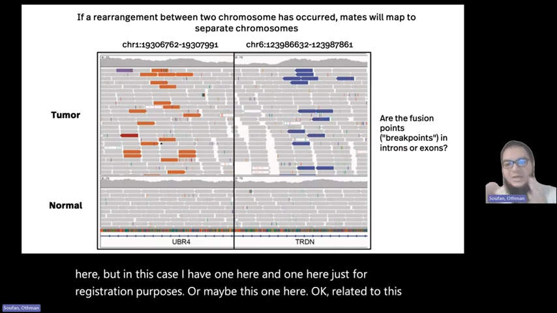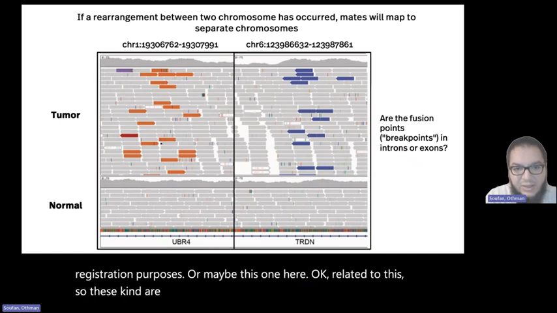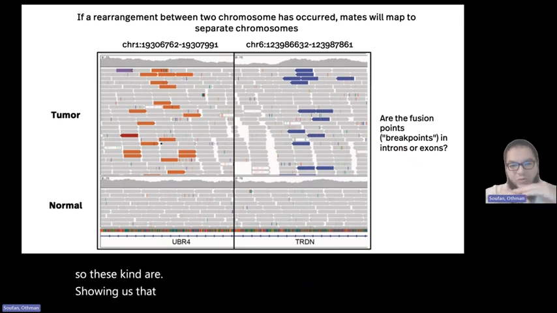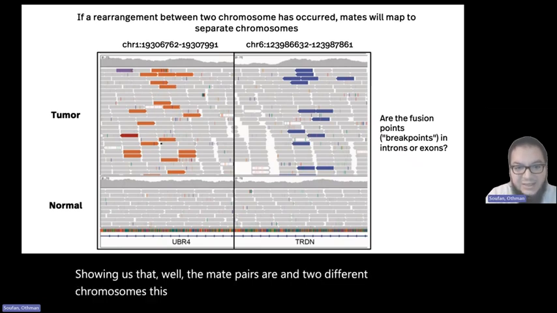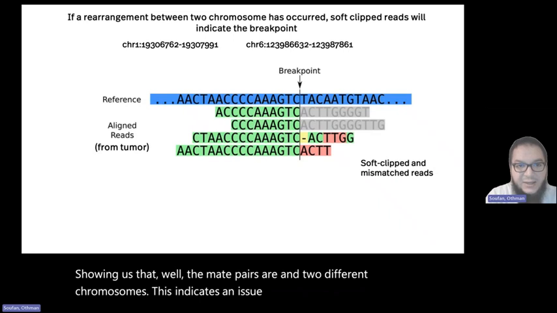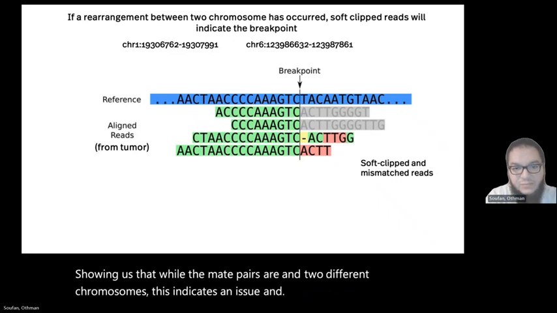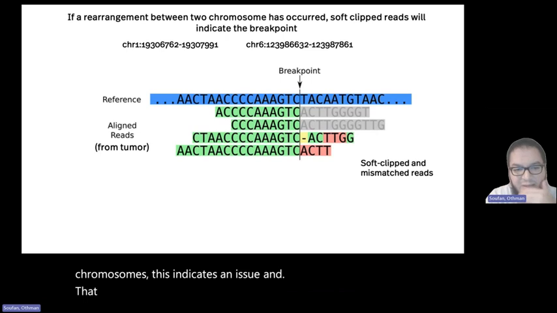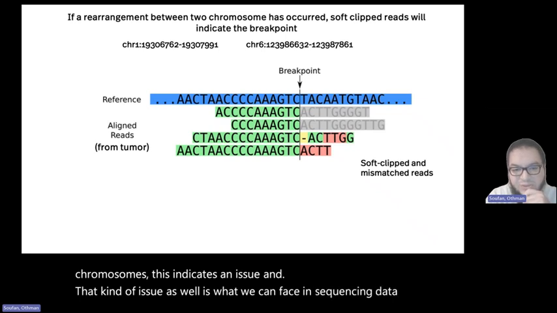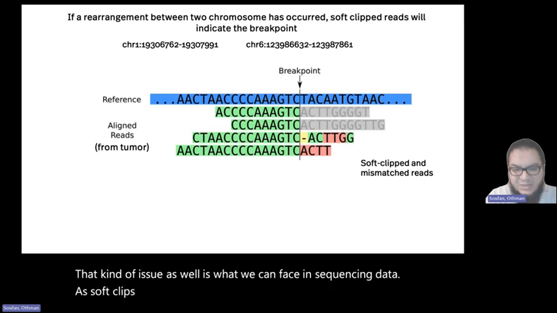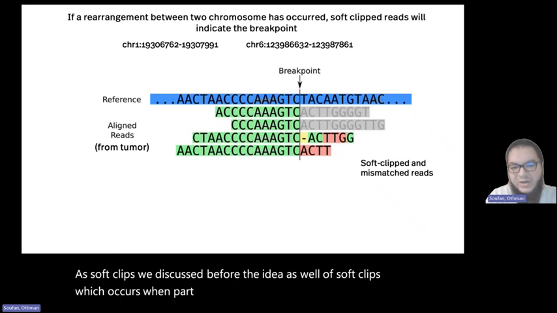So these are showing us that the mate pairs are in two different chromosomes. This indicates an issue, and that kind of issue is also what we can face in sequencing data as soft clips. We discussed before the idea of soft clips, which occurs when part of a sequencing read does not align to the reference genome.